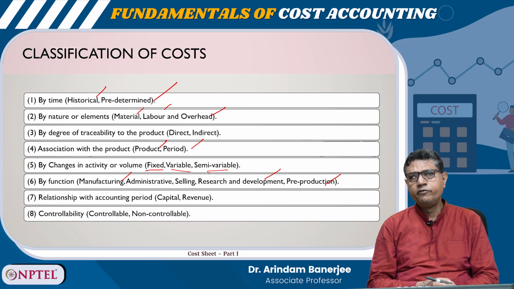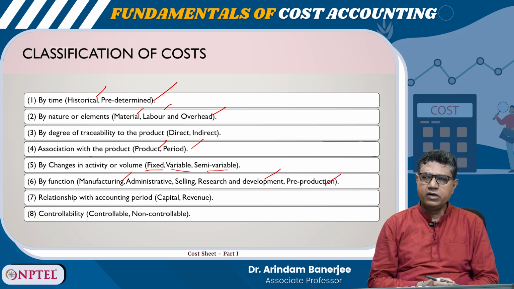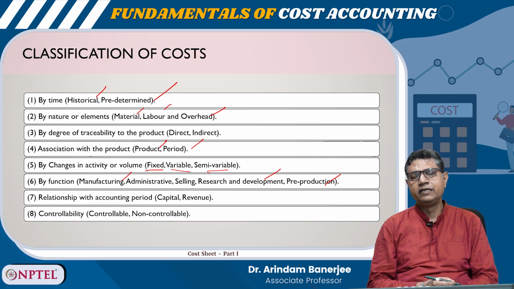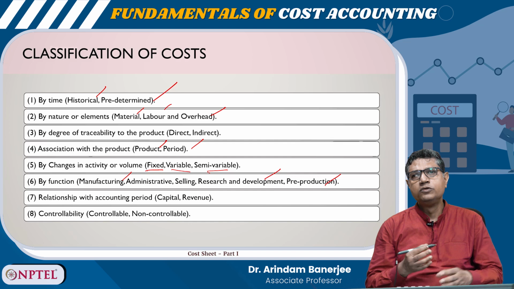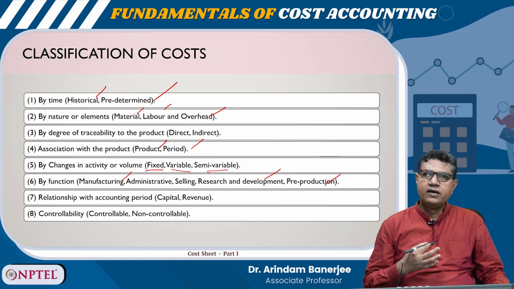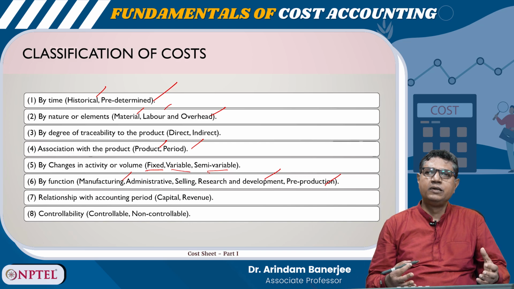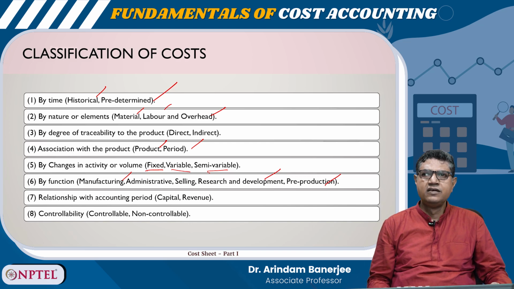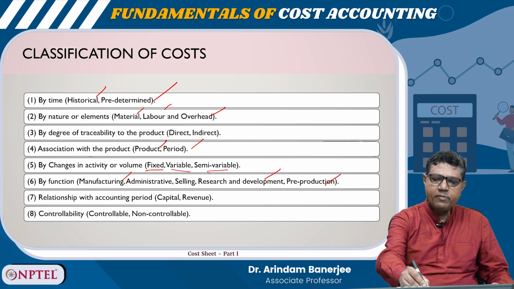Then another way of classifying the cost is in relationship with the accounting period. It can be of capital nature or of revenue nature. If the cost which I incurred is linked to multiple accounting periods, for example, a machine has been purchased which is supposed to exist in a workable condition for the next 5 years, I can say that is a capital cost.